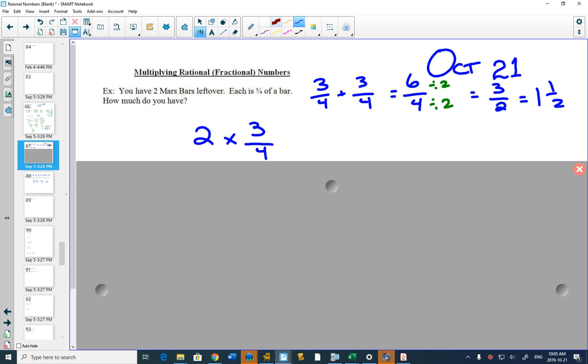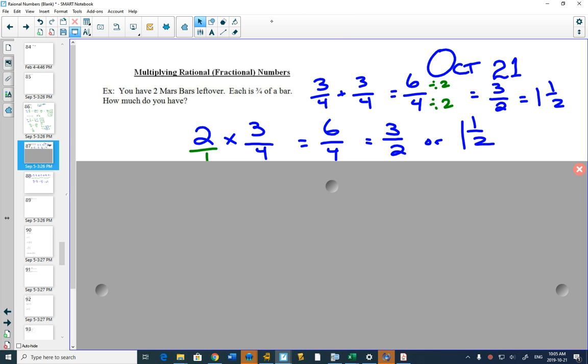And if we think, well, how do we multiply fractions? What's the mistake that I said you guys would make? You'd multiply both of them by 2. You have to remember that 2 is really 2 over 1. Multiply our numerators, multiply our denominators, and we get exactly the same answer.